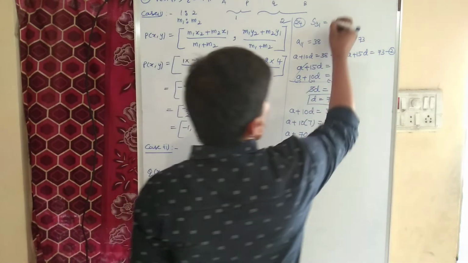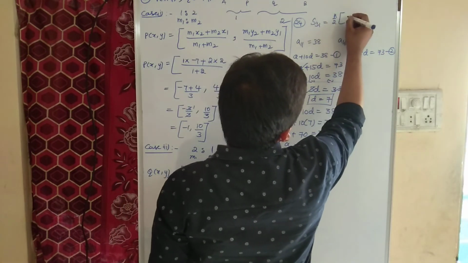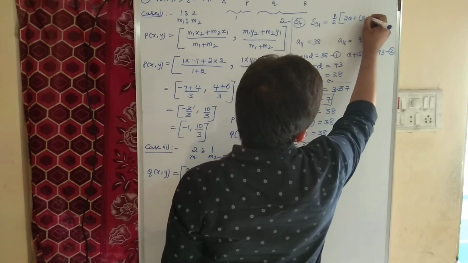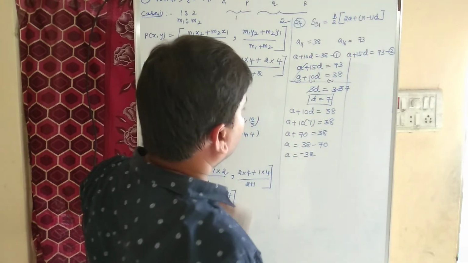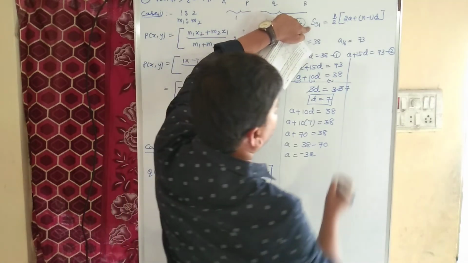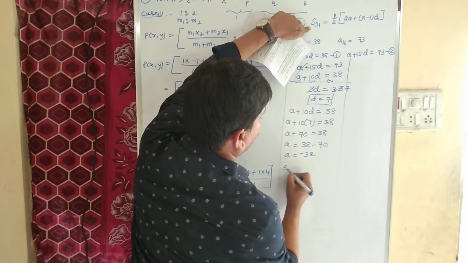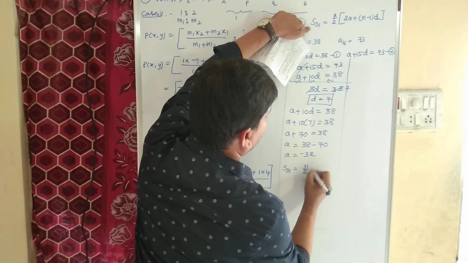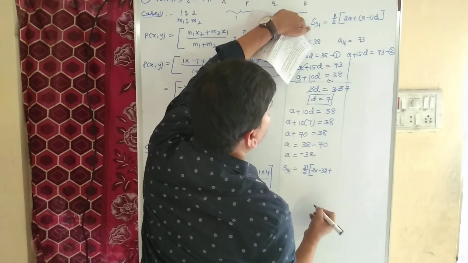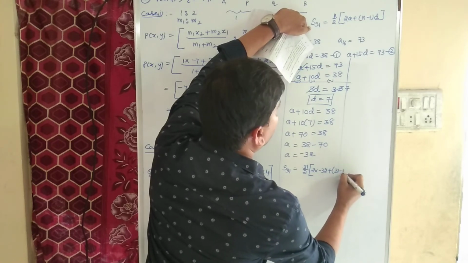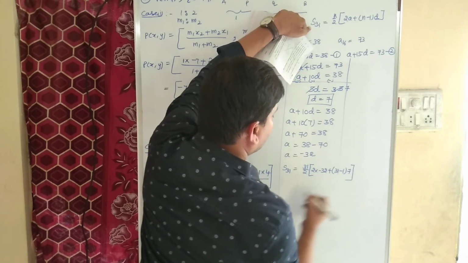What is the sum of n terms formula? n by 2 into 2a plus n minus 1 into d. Right? As n value is 31, so S31 equal to 31 by 2 into 2 into a value minus 32 plus n value 31 minus 1 into d value 7.